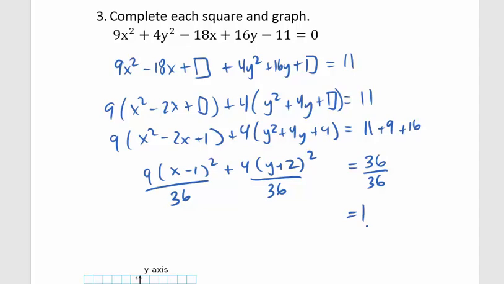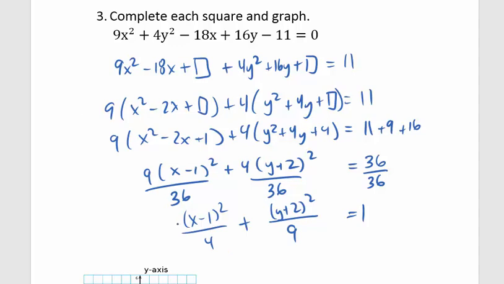Let's see, so I have a 1 there. Here I could divide out a common factor of 4. So that would be y plus 2 squared. When I divide that common factor of 4 out, it would leave a 9 in the denominator. Here I can divide a common factor of 9 out. So it would be x minus 1 squared over 4.